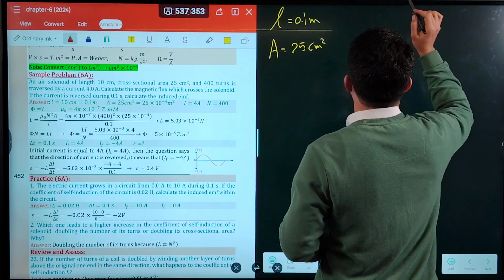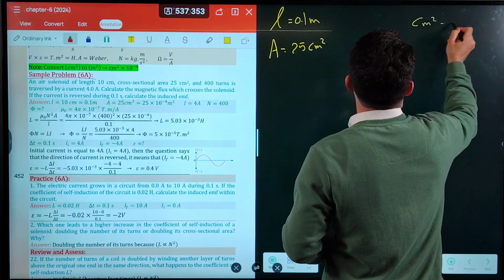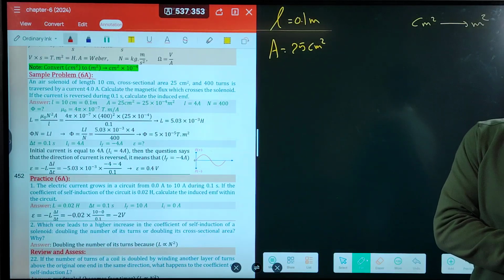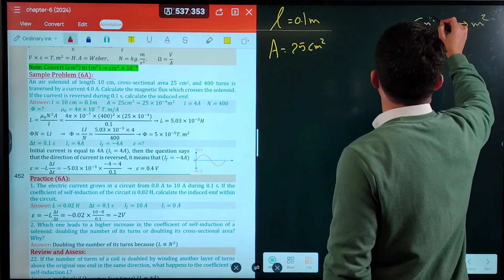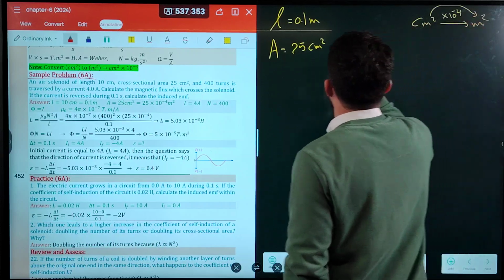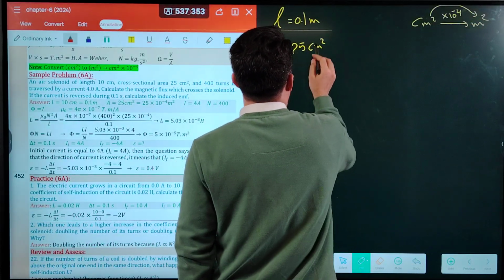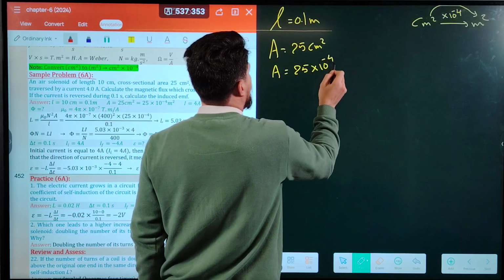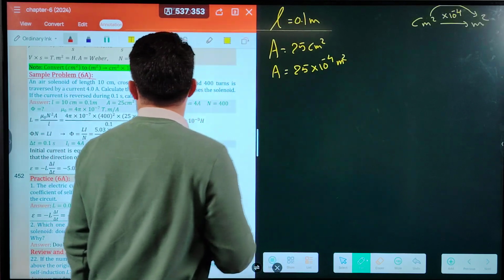The SI unit of area is meter square, not centimeter square. How can you convert centimeter square to meter square? Multiply by 10 power negative 4. So 25 times 10 power negative 4 meter square.